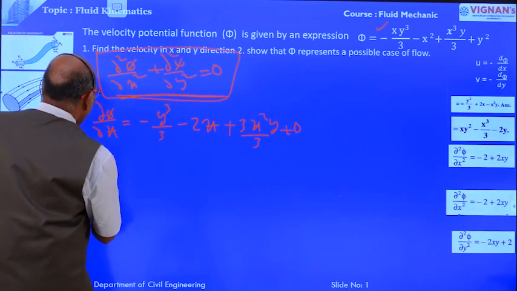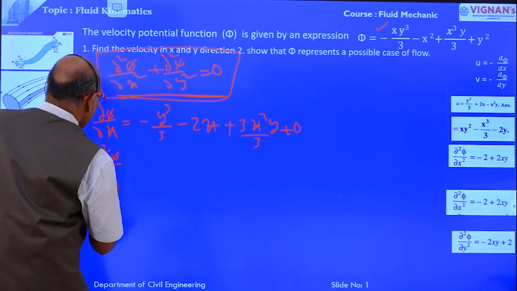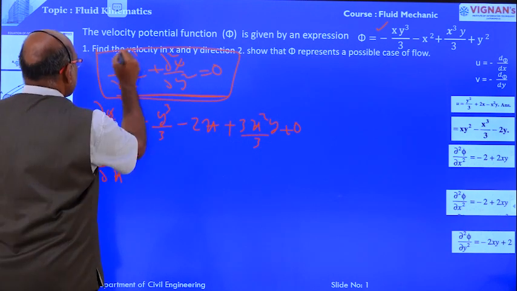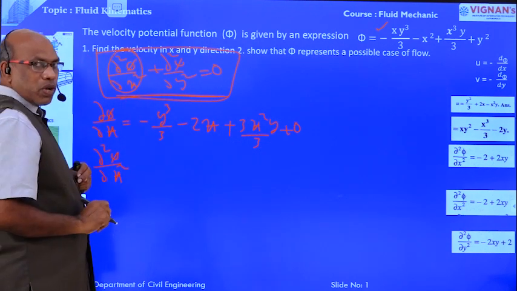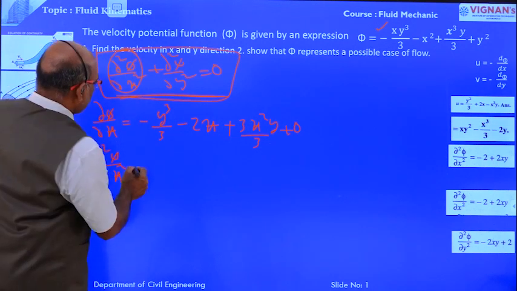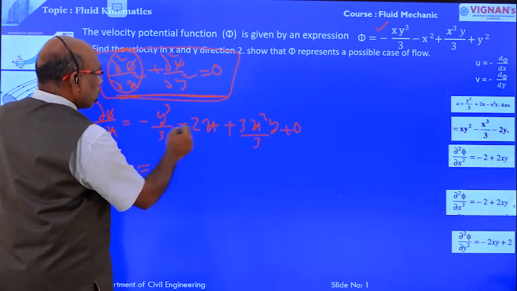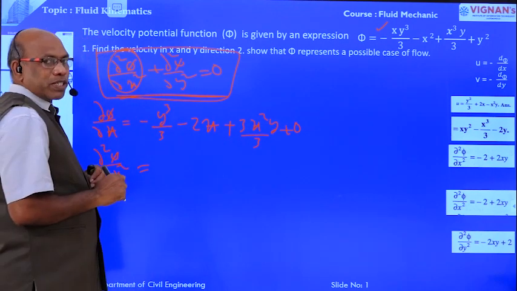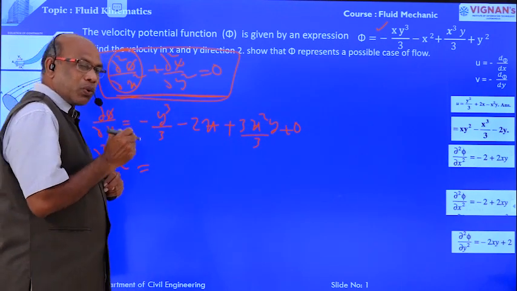Then dou square pi by dou x square, what is this value? First we are going to determine. Dou square pi by dou x square is equal to this term, again differentiate with respect to x.